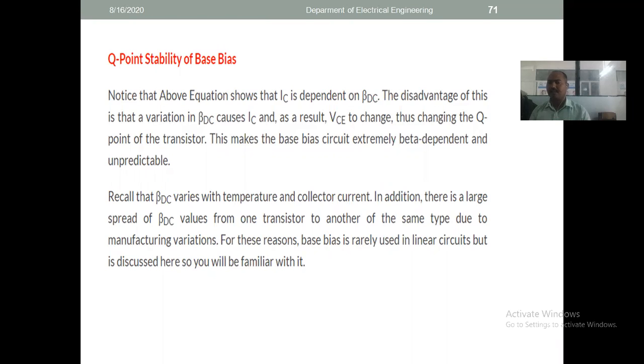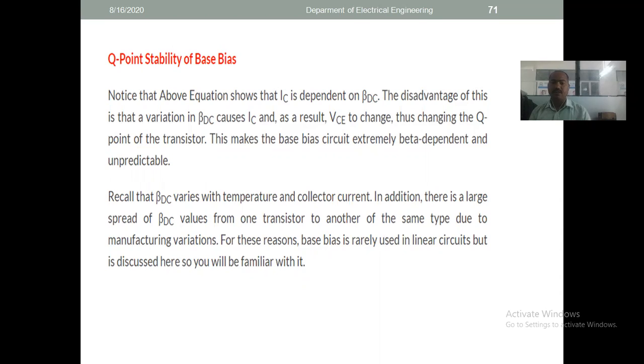A transistor is a semiconductor device, so as temperature increases, everything about the transistor changes. So the operating point of this particular transistor changes, and the operations with respect to the transistor change. In this configuration, a change in beta is possible.